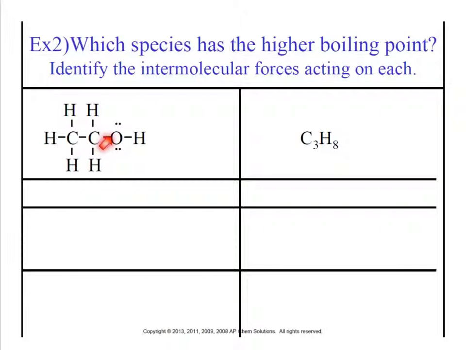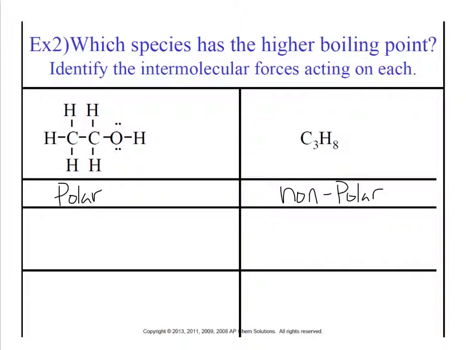If it's not symmetrical, that usually indicates a polar molecule. And in this case, we have an oxygen bonded to hydrogen, and so that's going to have a situation then where the oxygen is going to pull the electrons towards it and create that kind of hydrogen bonding thing. And so this first molecule right here is going to be polar. C3H8, carbon and hydrogen only, which indicates that it's probably going to be nonpolar.